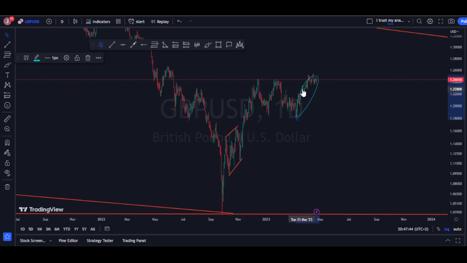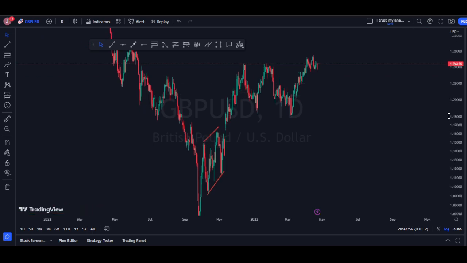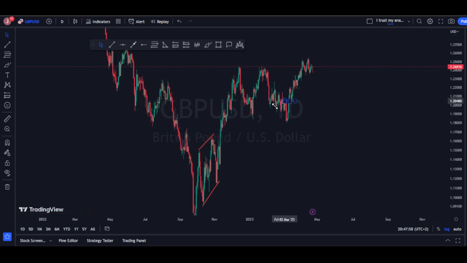So let me just show you what I see possibly happening for the coming week, this is next week. Let me just draw out this structure.